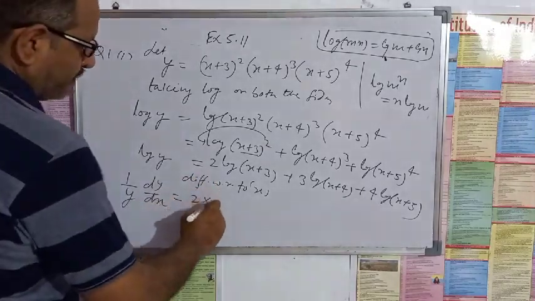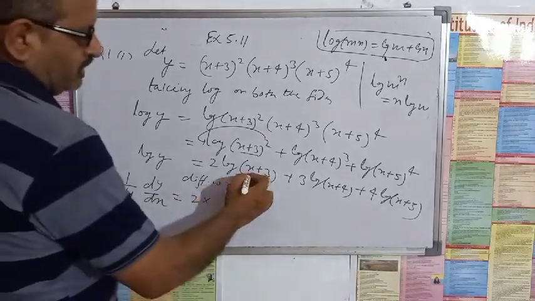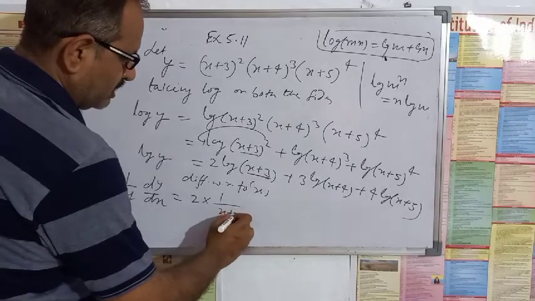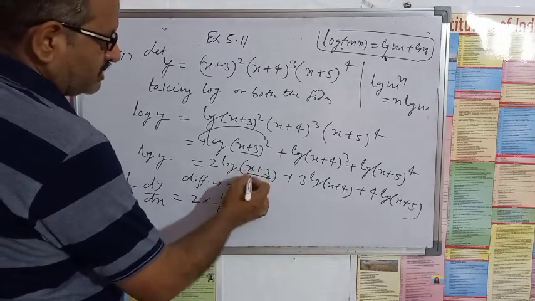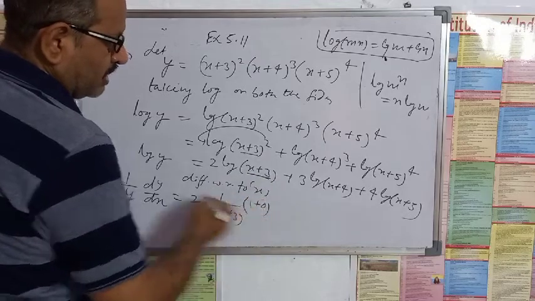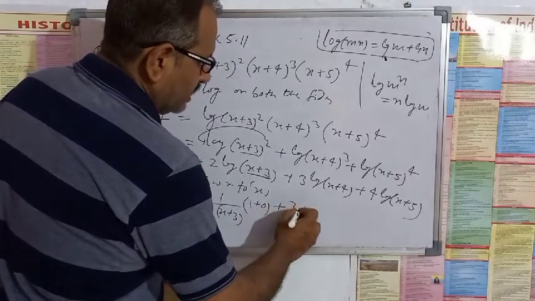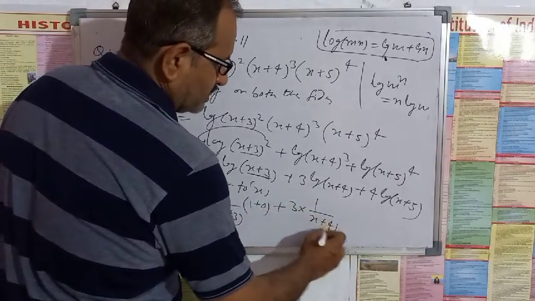And here 2, what is the derivative of log x? 1 by x. In place of x, x plus 3 is there, so it is 1 upon x plus 3. Then differentiate x plus 3. Differentiation of x is 1 and 3 is constant, so 0. Plus 3 log x, derivative is 1 upon x plus 4.